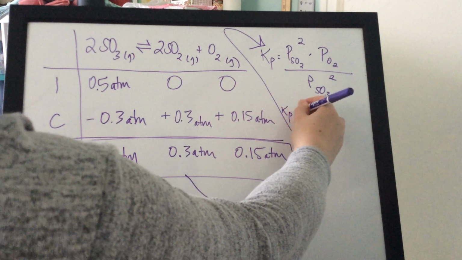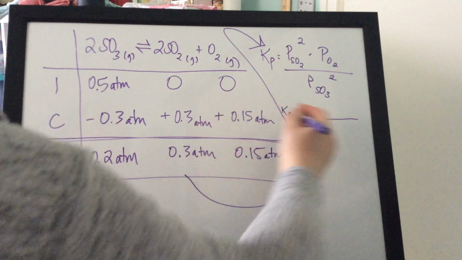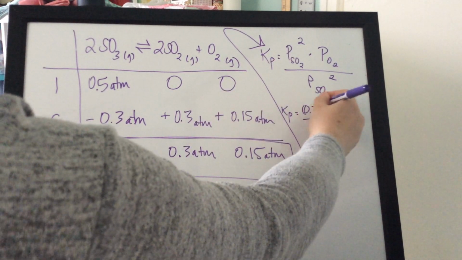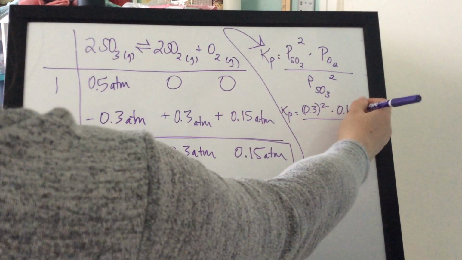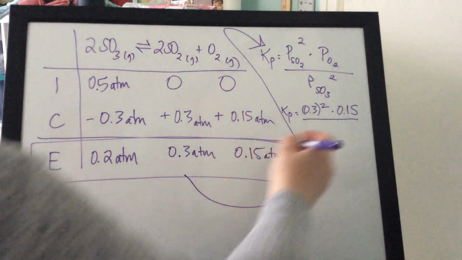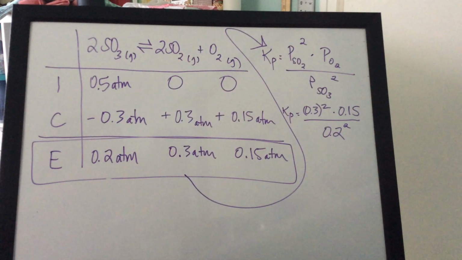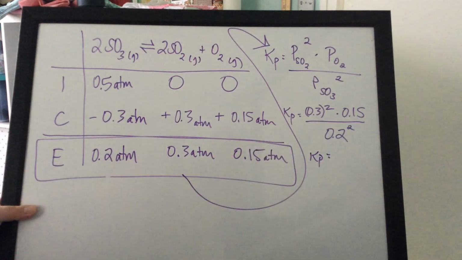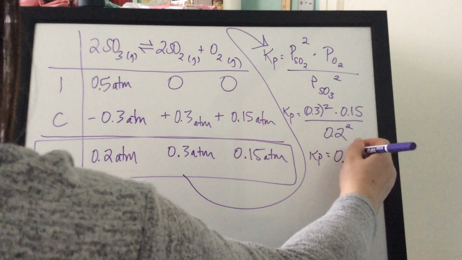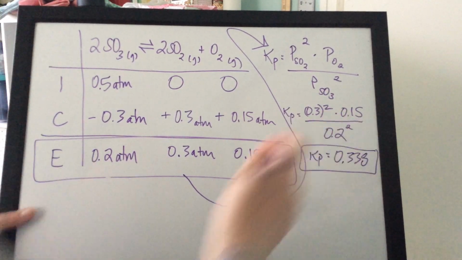So Kp is going to equal the partial pressure of SO2 squared, so 0.3 squared, times the partial pressure of O2 over the partial pressure of SO3 squared. And as long as you evaluate that correctly, which shouldn't be a big deal here because there's no scientific notation, I got 0.338 as my value of Kp.